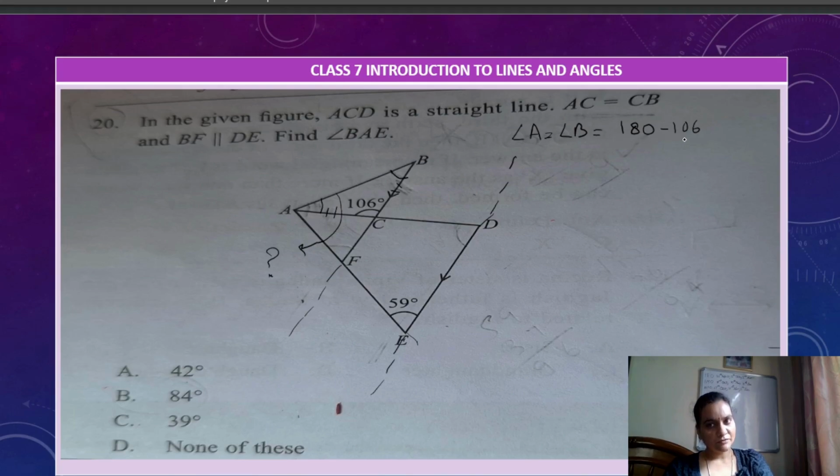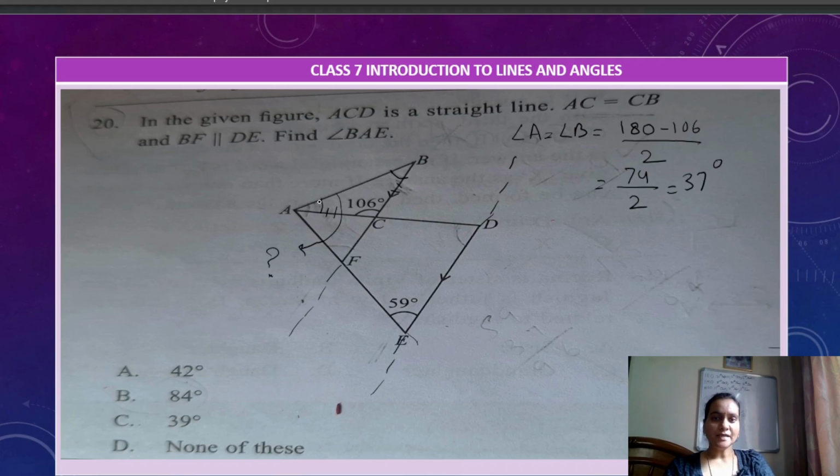So I find first the difference and divide it by 2, since both the angles are equal. So what is 180 minus 106? That will be 74, divided by 2, that is 37 degrees.